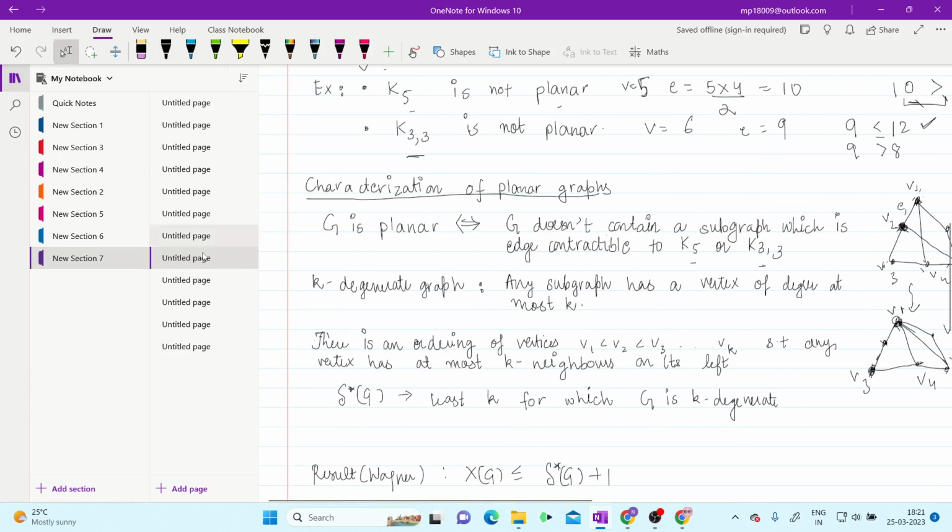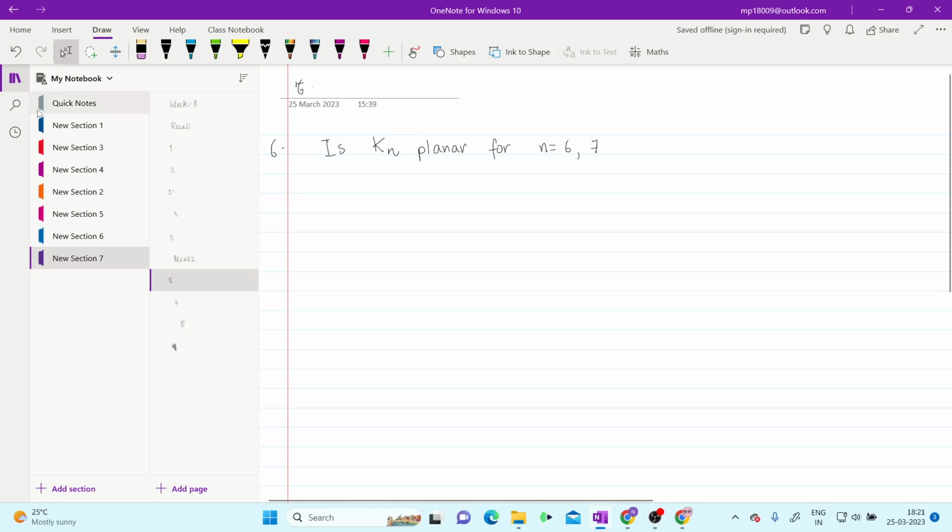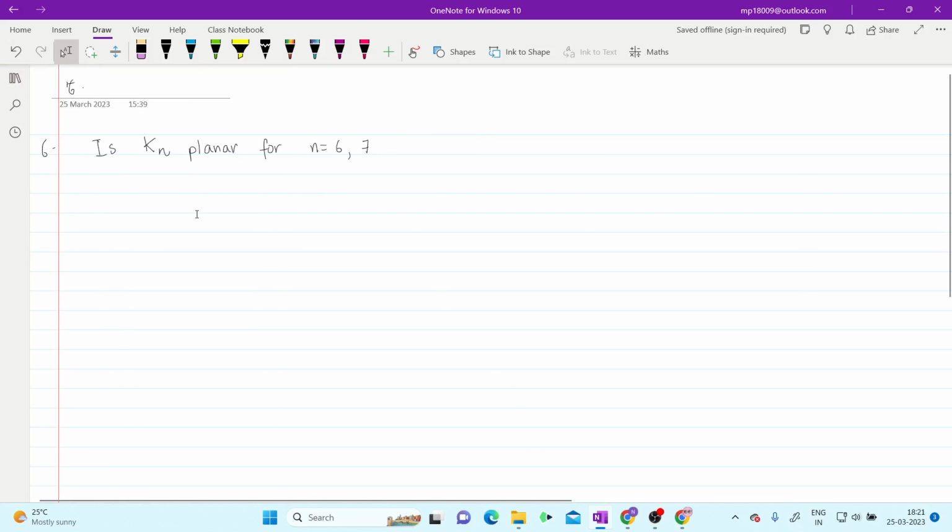Okay, so now, before doing the colorability thing, let's discuss some examples. We have seen that K5 is not planar. What about K6 and K7? What do you think? Are they planar? Do you think Kn is planar for n greater than 5?